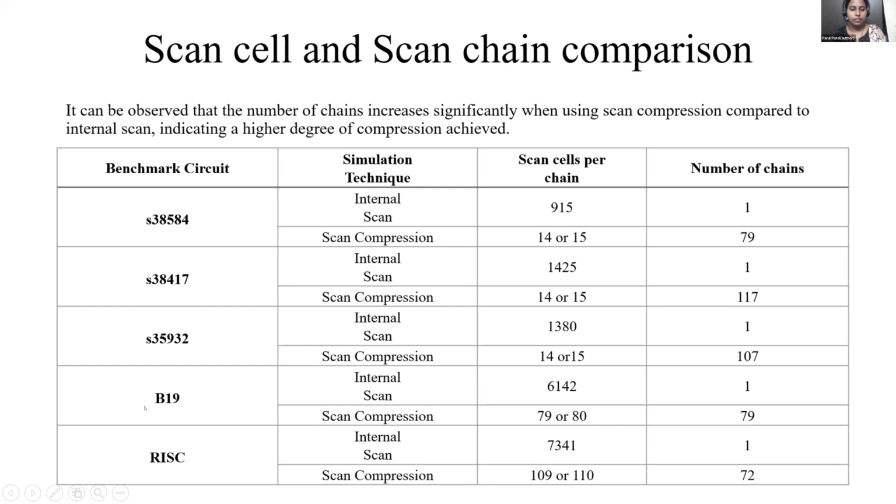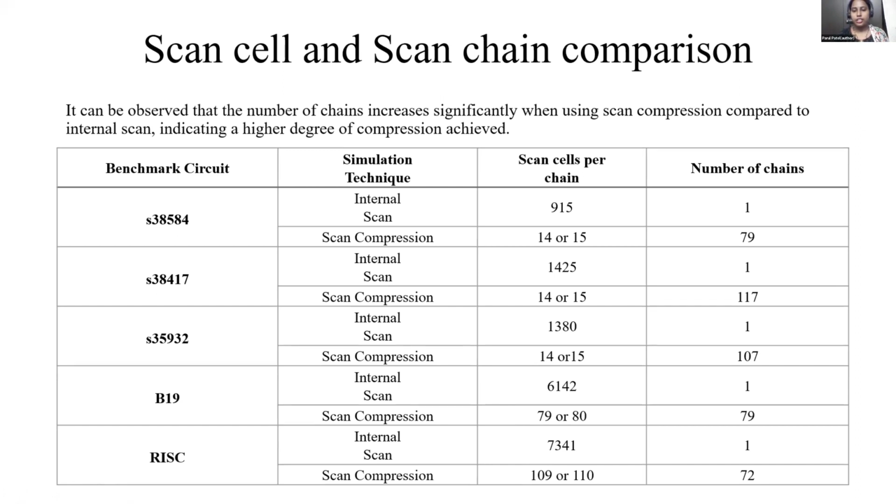But for a heavy design like B19 and RISC, which have around 6000 to 7000 scan flops, to keep it compact and easy to observe, I have given 79 to 80 cells for B19 and 109 or 110 scan cells per chain for RISC. Now here's a catch.